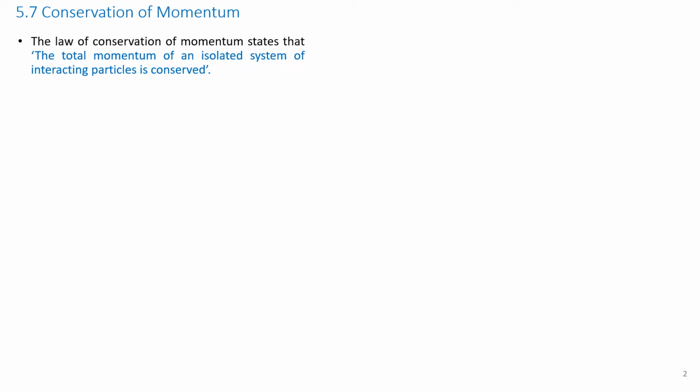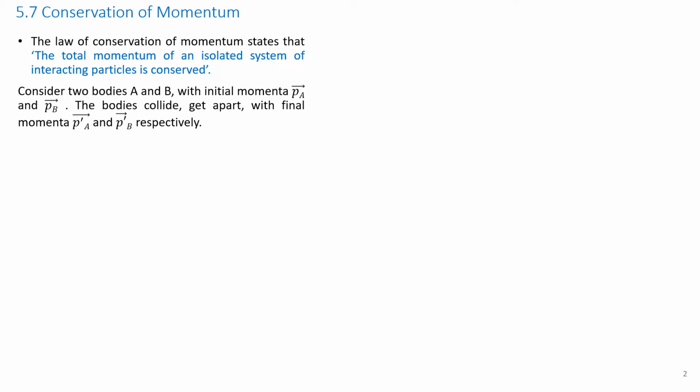If the force on the bullet by the gun is F, the force on the gun by the bullet is minus F, according to the third law. The two forces act for a common interval of time delta t. According to the second law, F delta t is the change in momentum of the bullet and minus F delta t is the change of momentum of the gun. Since initially both are at rest, the change in momentum equals the final momentum of each.